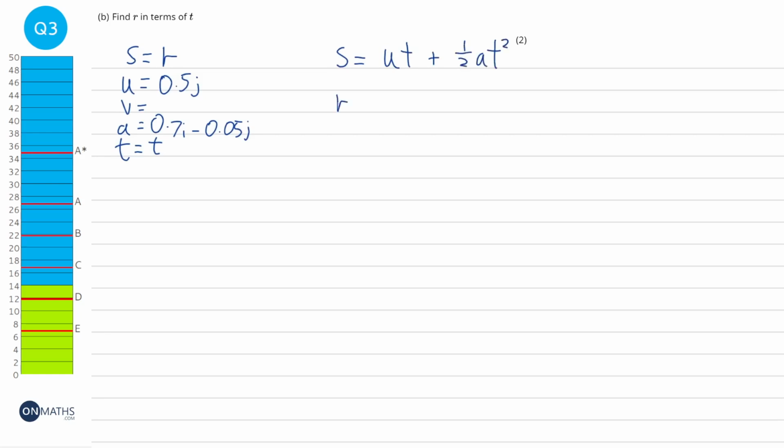So s we know is r, which is quite nice because we want it in terms of t, so we want r equals what t. u is 0.5 j, so it'd be 0.5 jt plus, and we've got half at squared, so half times a, which will be the 0.7 i minus 0.05 j, and then t squared.